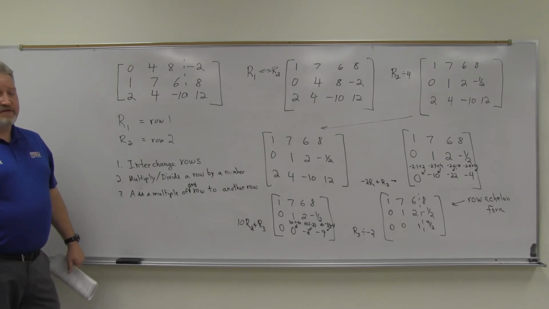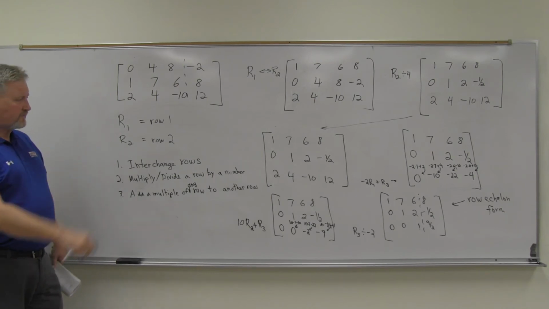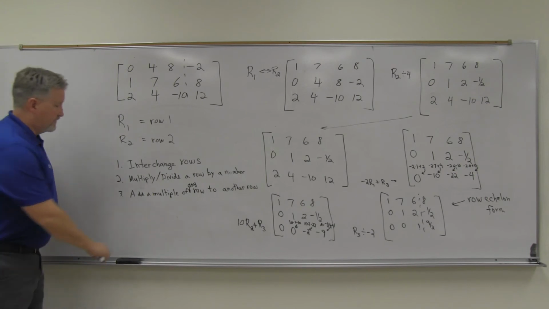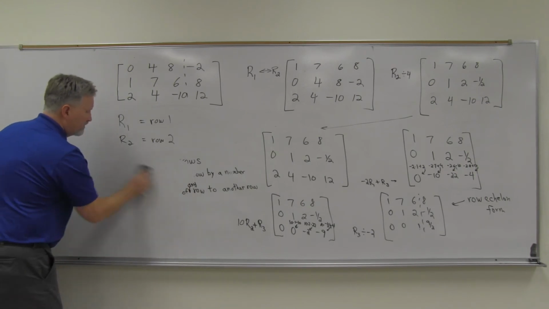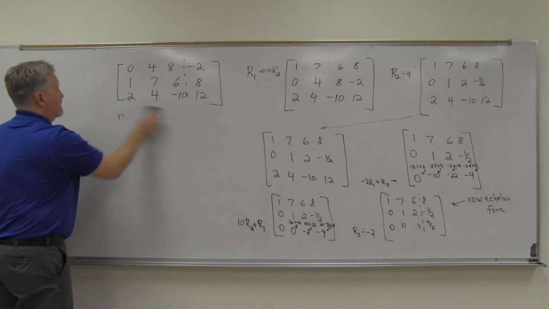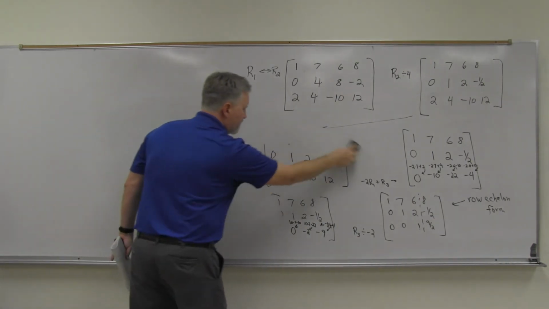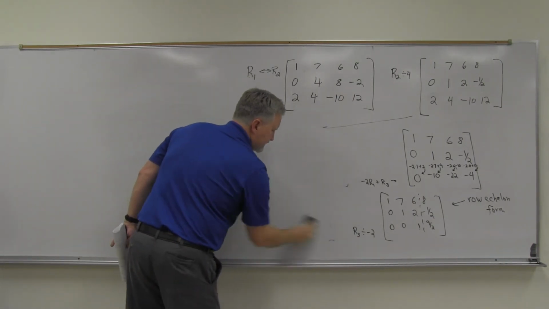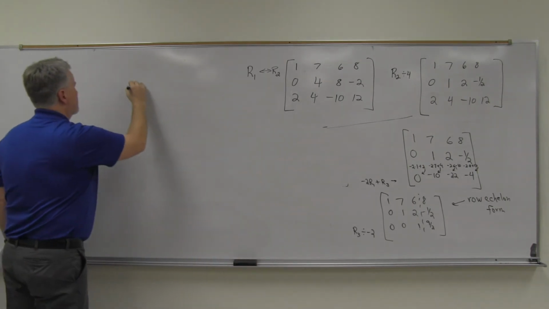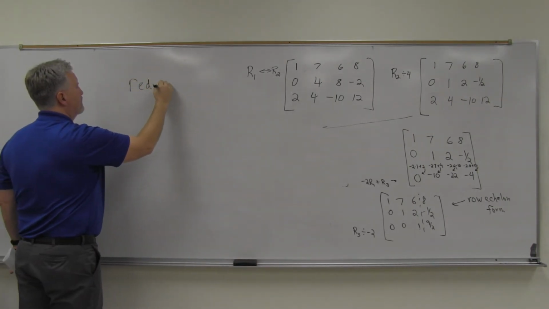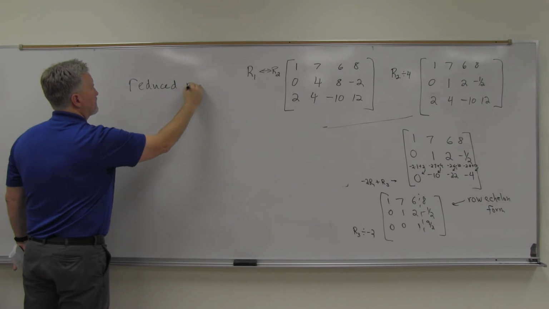One other thing while I'm thinking of it: there's another form that they may sometimes reference, and that is reduced row echelon form.